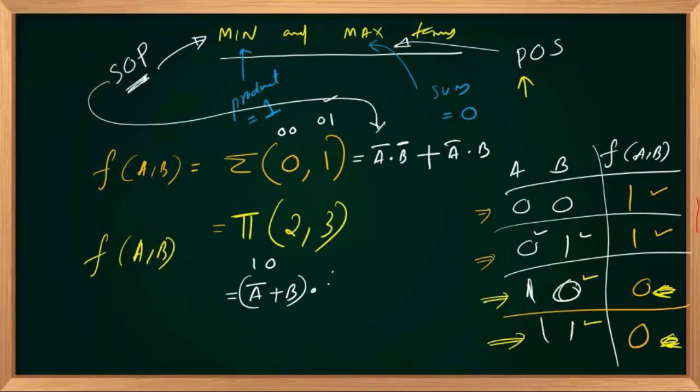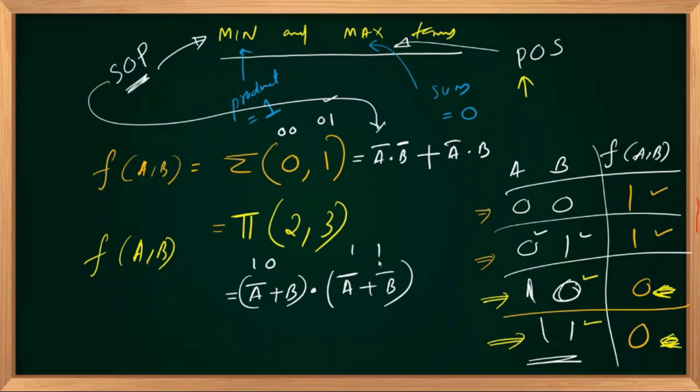And I should take the product with another combination, max term 3, that is 11. Both inputs are 1, so I should take the complement of both variables. A complement will be 0, B complement will also be 0, 0 or 0 will be 0. So the product will be equal to 0. This corresponds to 11.